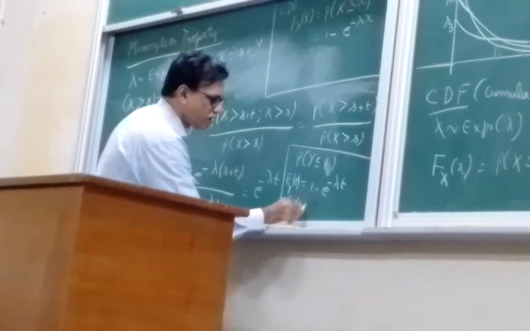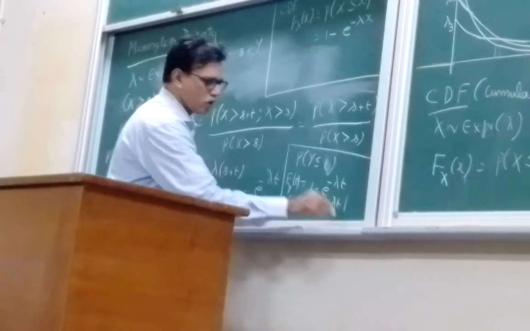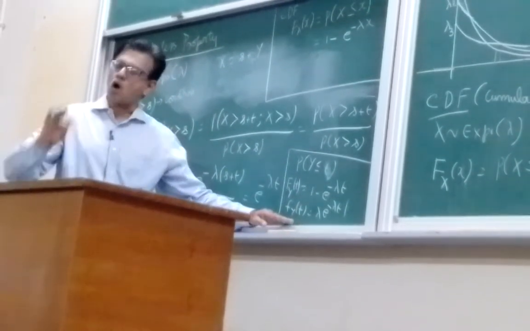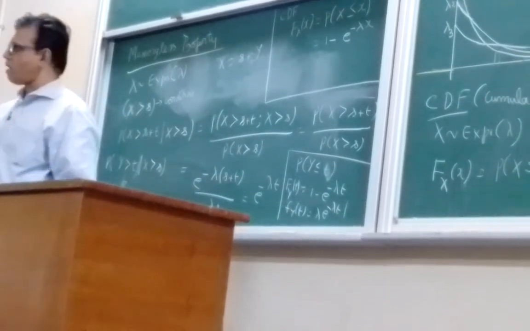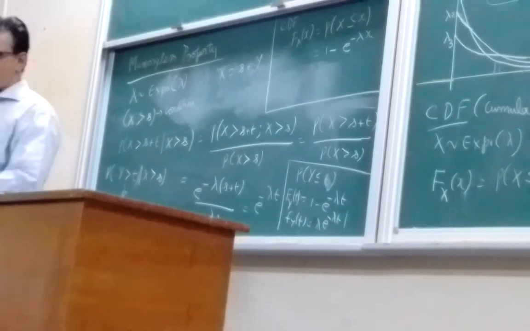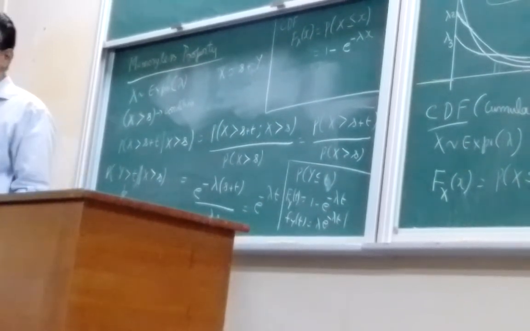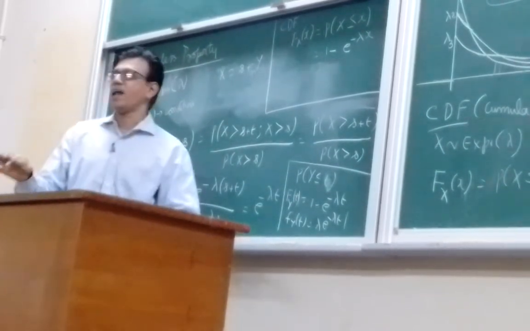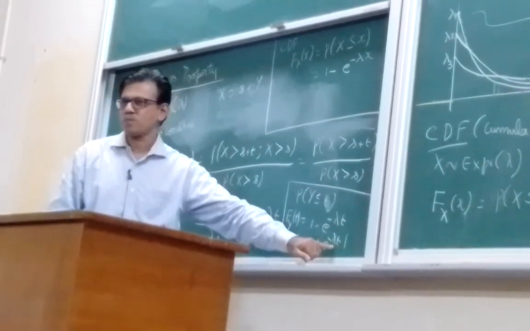So f_Y of t is lambda e power minus lambda t, which means that the remaining lifetime of the component is also exponentially distributed. The original lifetime of the component is exponentially distributed. You have waited for some time and then looked at the remaining lifetime, and that is also exponentially distributed. But that is not a surprising thing. It also has the same parameter lambda.